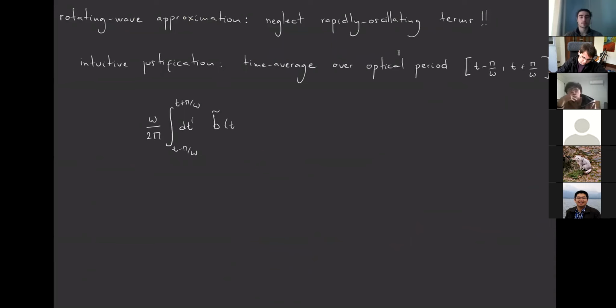One is this, the same type of averaging over optical periods. And then here, instead of just B, we will have B times e^{2i omega t prime}. These are the two types of terms that appear. Of course, the same with B tilde. So these are the four types of terms that appear.